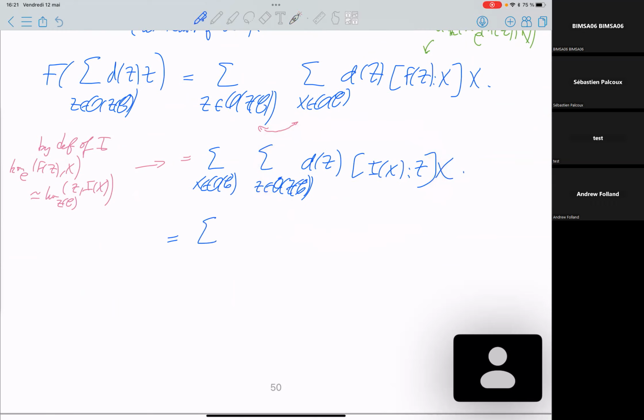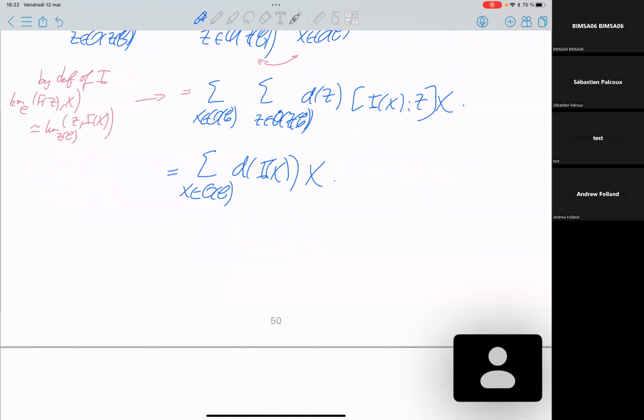So it is the sum of the dimension of I(X), because the dimension is additive, which is equal to something.